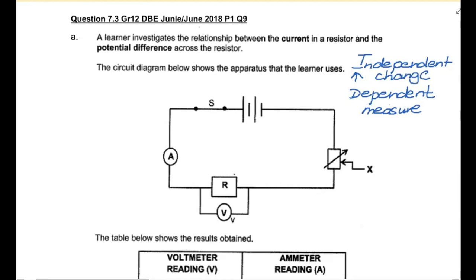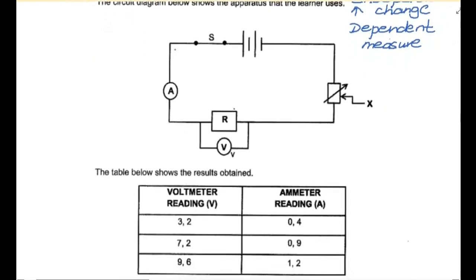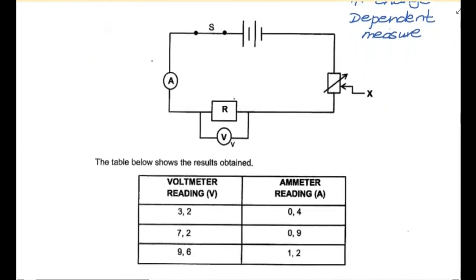So they're saying here it investigates the relationship between current and potential difference across a resistor. So we know one of them, current, is going to be my independent or dependent, and potential difference is going to be the other. If I look at the apparatus that the student uses, they've got a battery, a switch, and an ammeter, so they're able to measure the current.